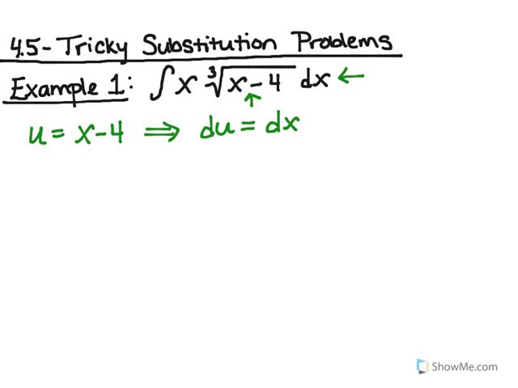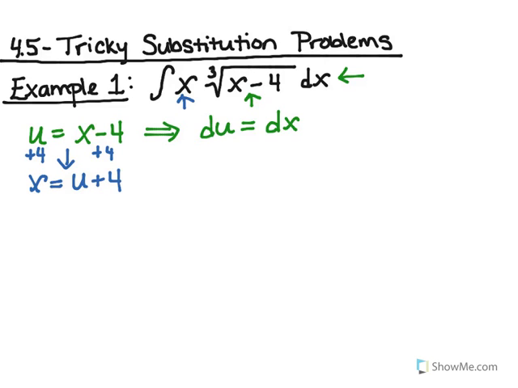The problem is, what's going to happen with this x out here? This is where an extra step is going to come into play. I'm going to take this equation u equals x minus 4 and rewrite it so it says x equals. So in other words, I need to add 4 to both sides to get x by itself. So x is also equal to u plus 4.